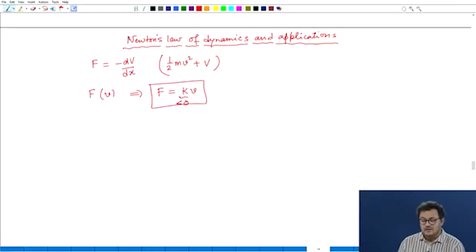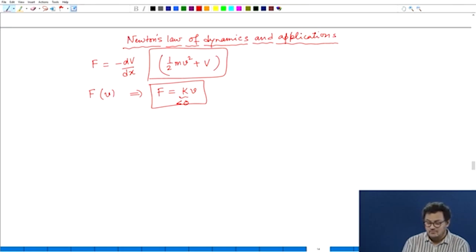We then said that in 3D this type of conservation of energy is also true, and there you have to guarantee that the vectorial force should be in the form minus nabla V, where V is another scalar function of x, y, z, and nabla is a partial differential operator on the space variables.